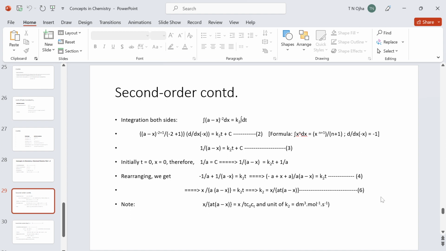So this is the technique. Here rate constant K2 equal to x over a t (a minus x). a is initial concentration of reactant, t is time, a minus x is concentration after time t.